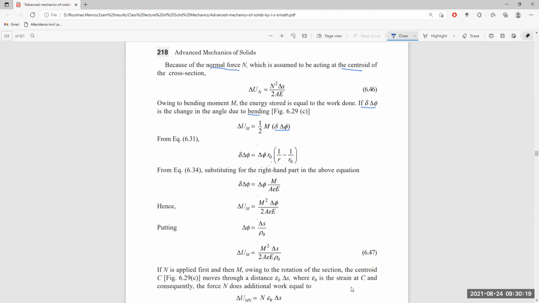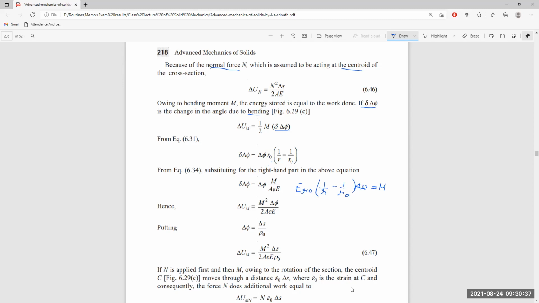Which is given as E is equal to E R0 multiplied by 1 by R minus 1 by R0, equal to A into E, to E is equal to M star.